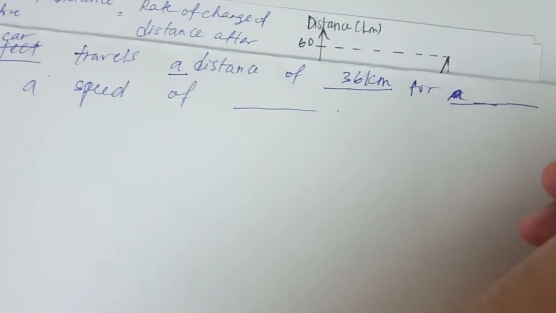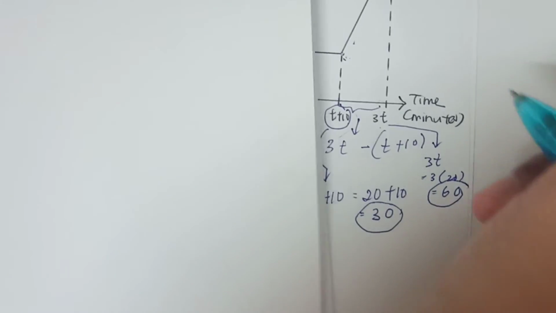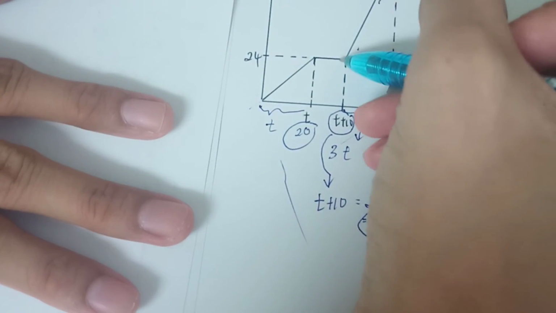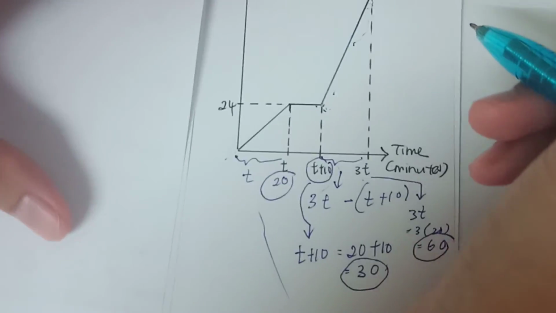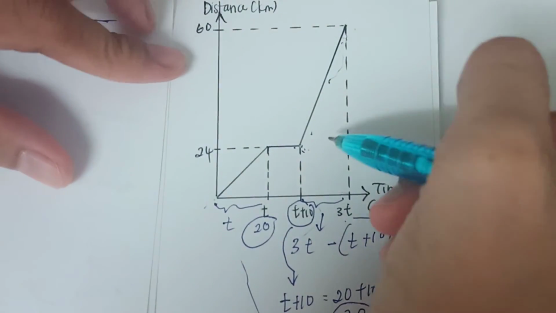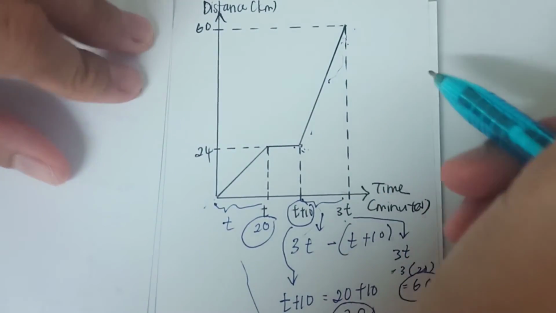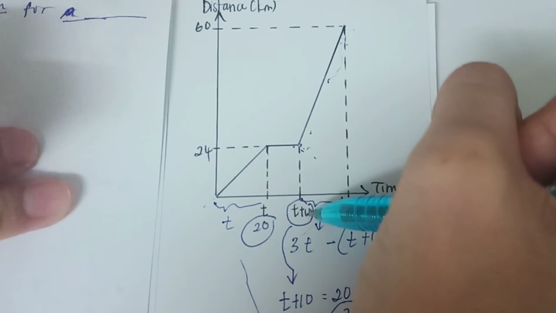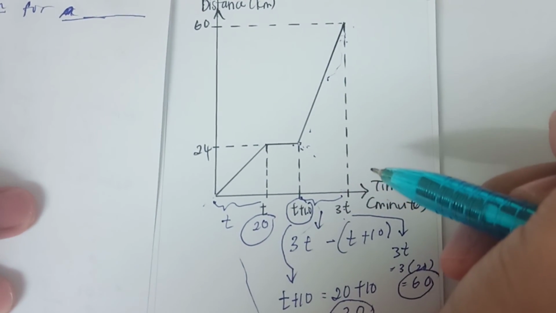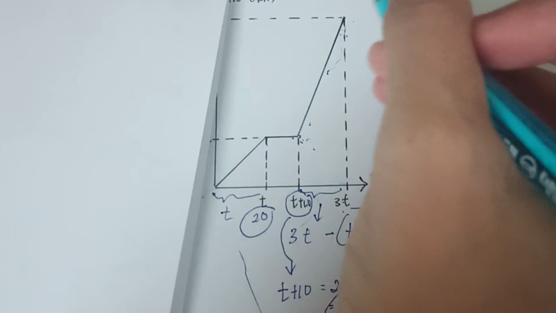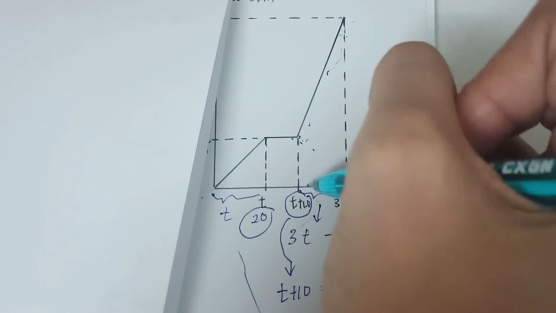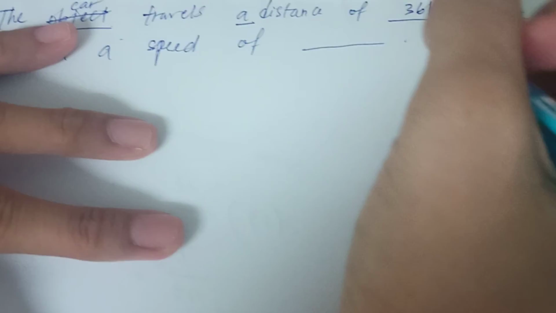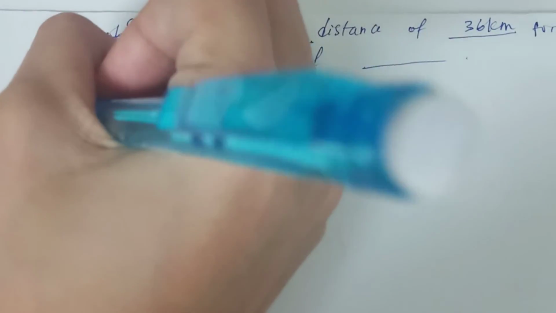Okay, for how long? Look at our graph again. From here to here, how long does it take? So 3T minus T plus 10. Okay, to find how long does this take? How long is this distance? So time taken.